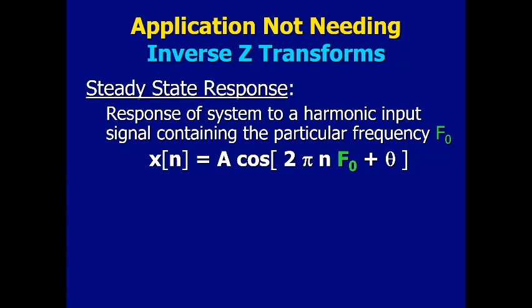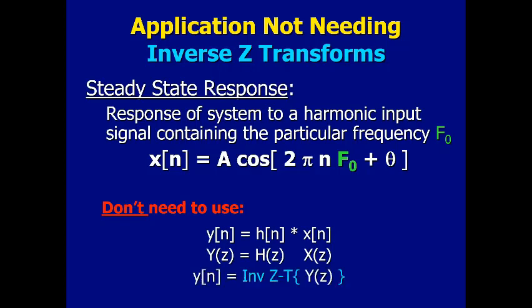That would give us the magnitude and phase contribution the system would make to that signal. All we had to do is scale the amplitude of our cosine by the magnitude of H(f) at that frequency and add to the phase whatever the phase angle of H(f) was at that frequency.